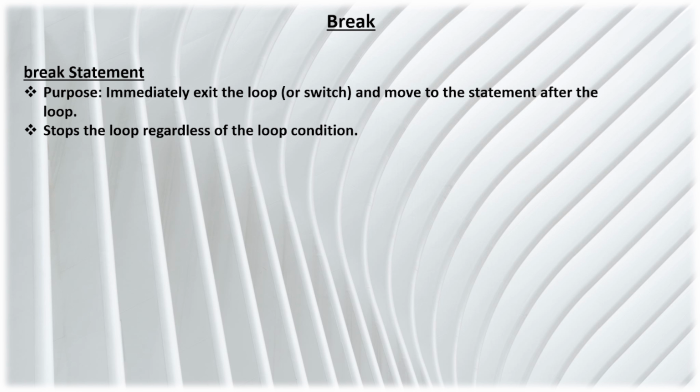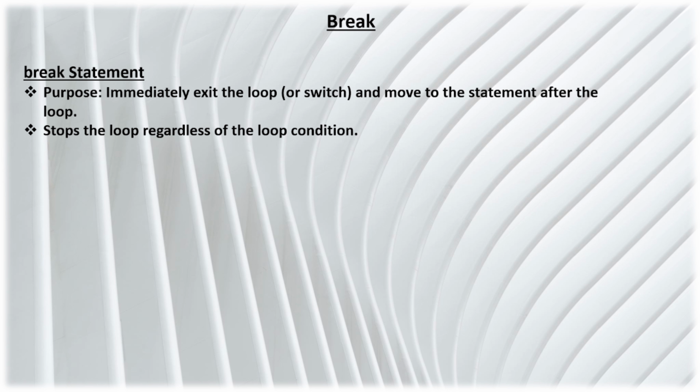Break. Break is a jump statement. Using this, we can stop a loop. Suppose we have to print 1 to 10, but there is a condition: if we reach i equals 5, the loop will break or stop. Let's see the definition. The break statement immediately exits the loop or switch and moves to the statement after the loop.